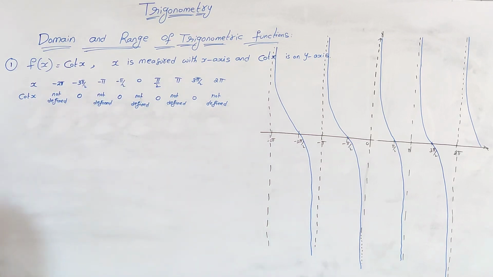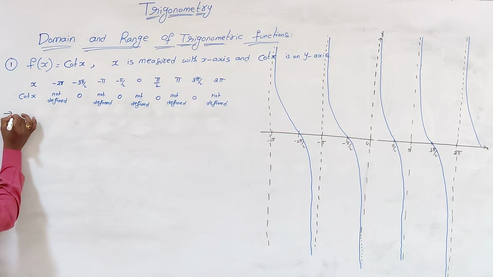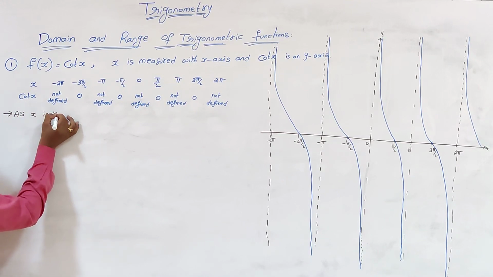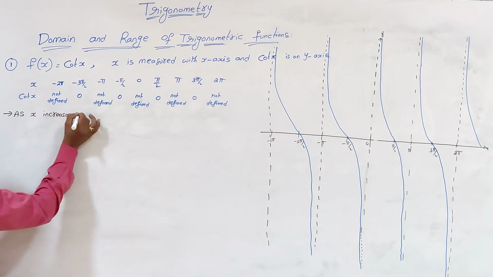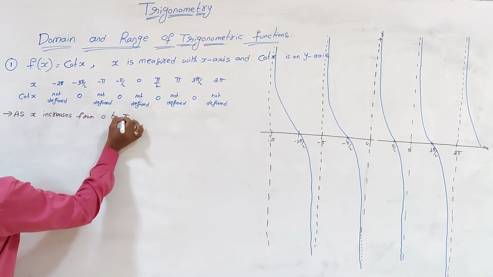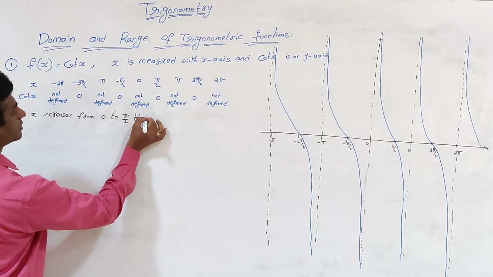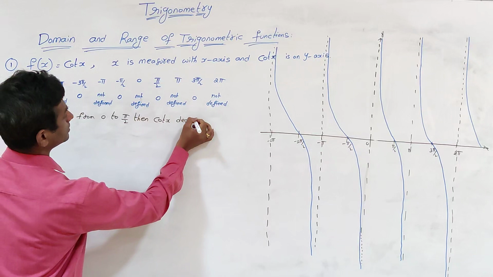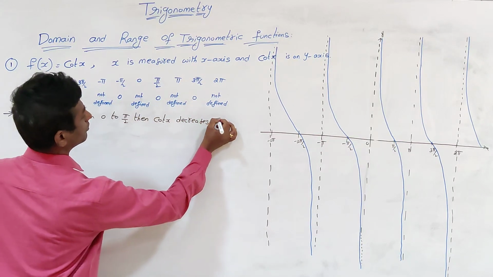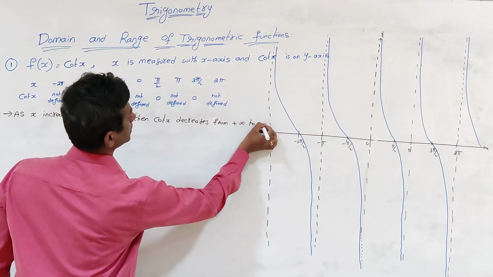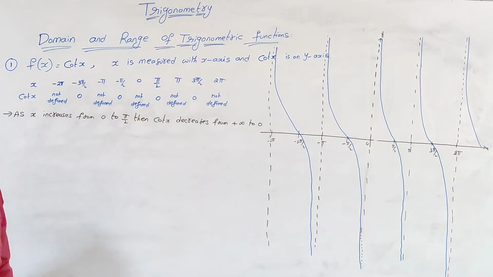So what we observe, what is the variation of cot x: as x increases from 0 to pi by 2, then cot x decreases from plus infinity to 0. That is the first observation.